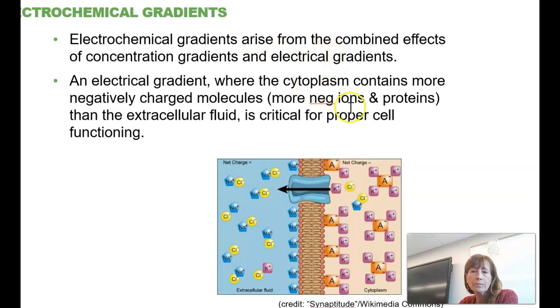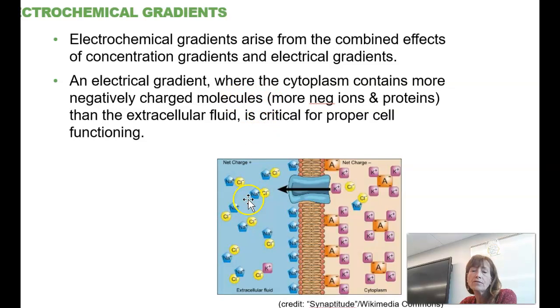So an electrical gradient is actually a good thing for the cell. The cell wants to create an electrical gradient. And what it wants, in general, is to have a certain charge on one side of the membrane. So the cytoplasm is going to contain more negatively charged molecules, and that's actually what it wants.